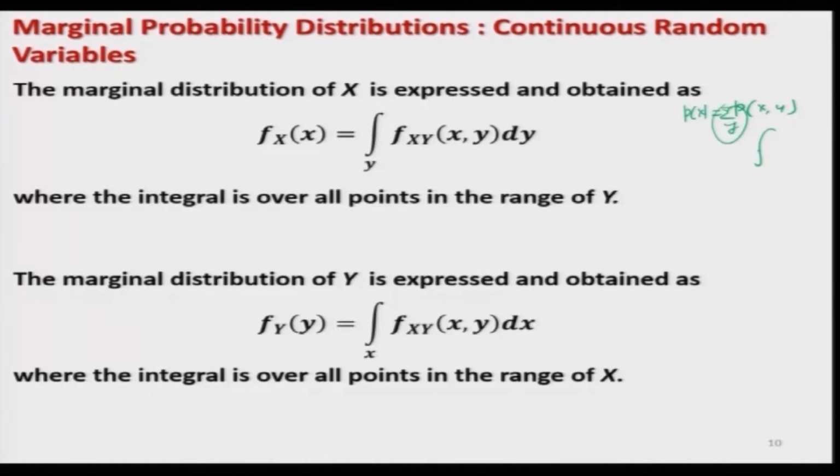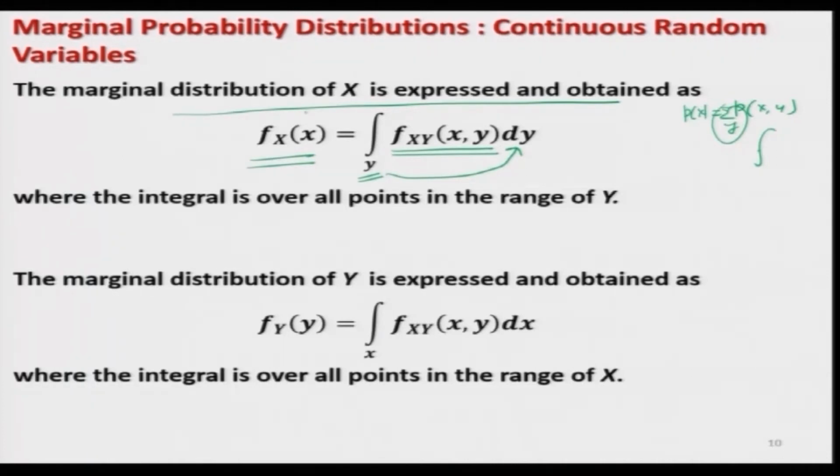So, thinking in this direction, the marginal distribution of x can be defined as f(x), which is equal to the integral over the joint PDF f(x,y), but the integration is to be done over the range of y. So, this is the range of y, and you are integrating with respect to y. Obviously, the effect of y is being integrated out, and whatever is left is the effect of x.